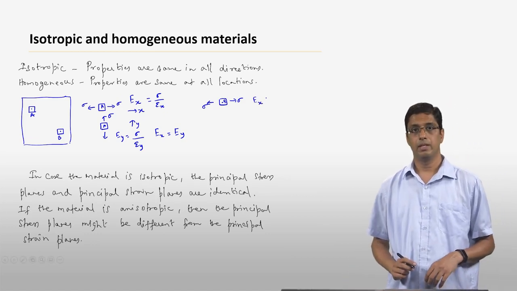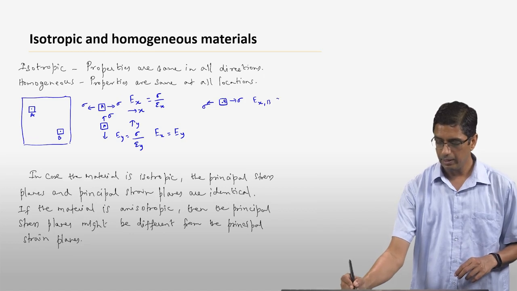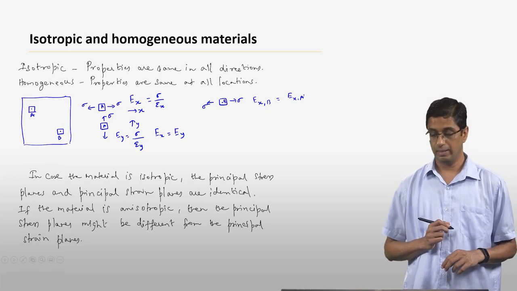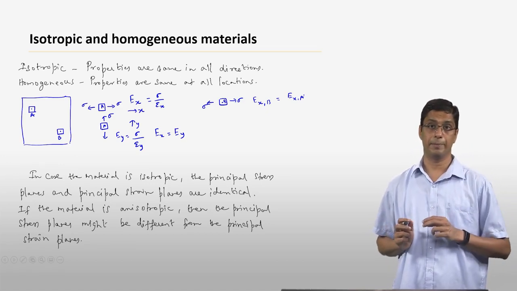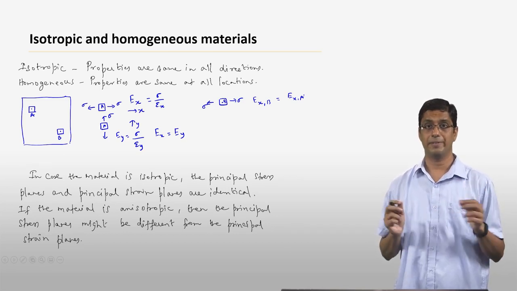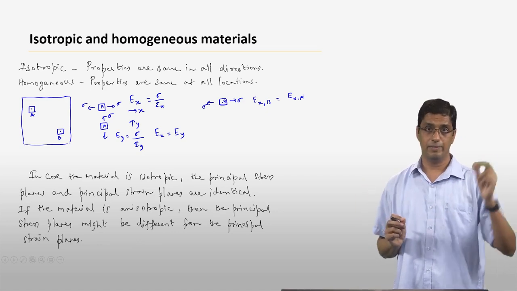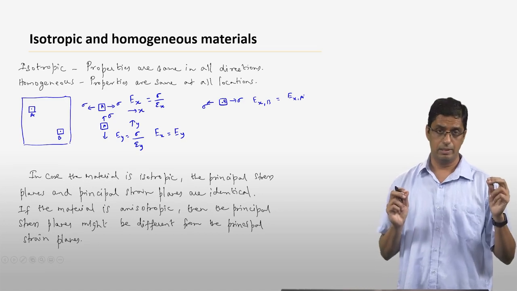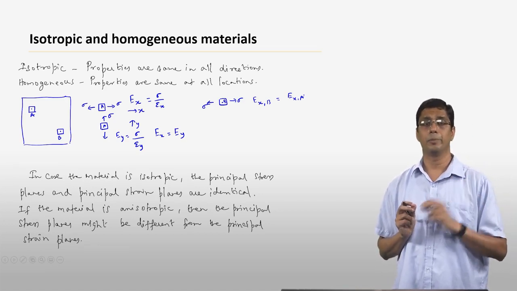If the Ex at B is equal to the Ex at A, then this material is homogeneous. So wherever you measure the property, it has the same value. Here we are talking about the Young's modulus in the x direction. Whether you do it at point A or point B, the value that you get is the same. So this material is homogeneous.